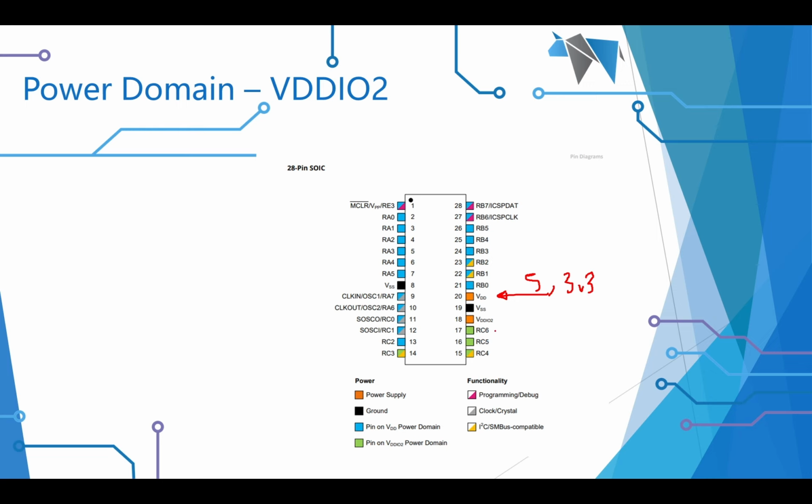You must also provide power to this domain, VDDIO2. And what is really important is if you do not apply it, the green pins, which are down here, look, the pin on VDDIO, that's its power domain. These pins, because they've got little green tags on them, would not have the right power level on them.